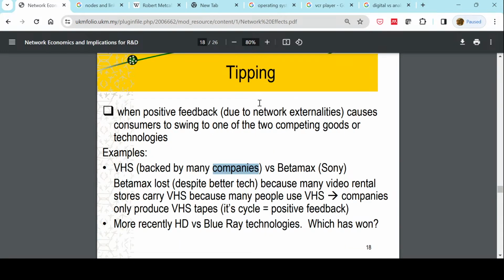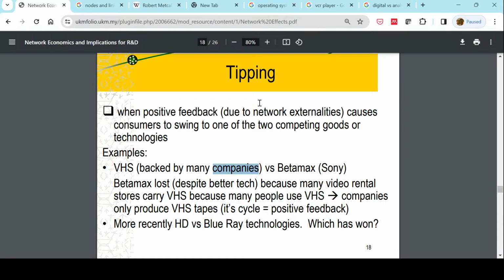So in the end, many movie producers will be able to sell movies recorded in VHS technology, not in Betamax technology. It's a positive cycle.